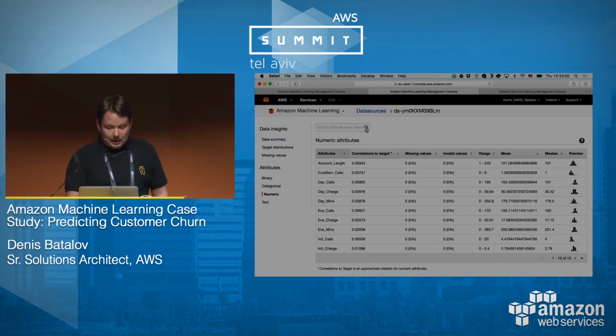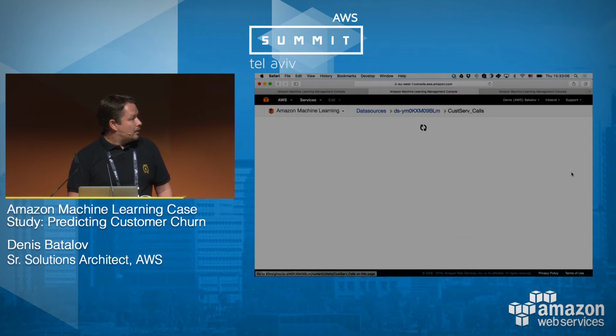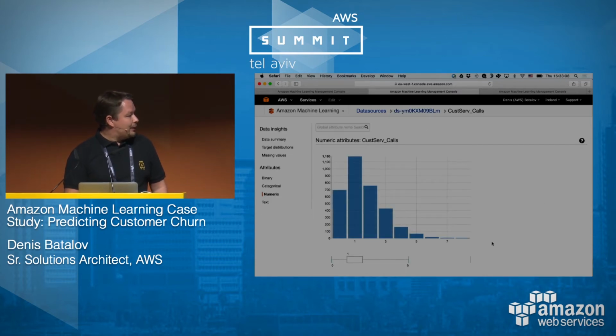But for instance, let's look at customer service calls. This is the attribute. We can look at the distribution of the calls. And we see that quite a good number of customers actually don't make any customer service calls, so 0. But then, there are a number of customers, 1,000 out of the 3,000, approximately, who made at least one service call, and then it drops off.